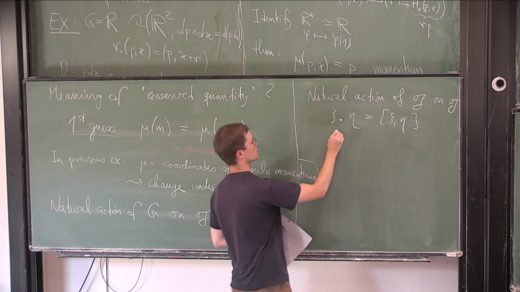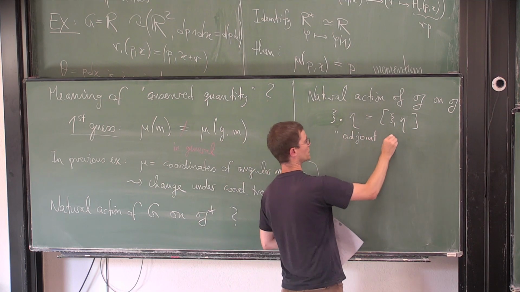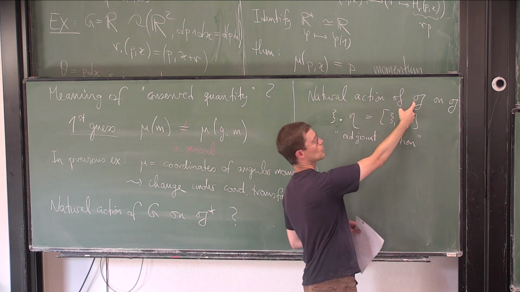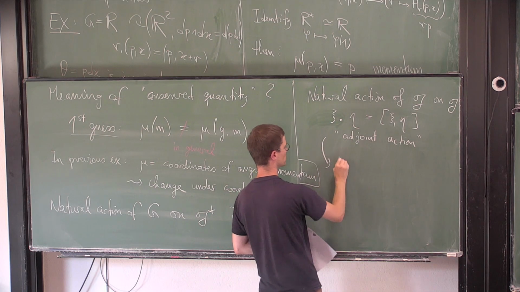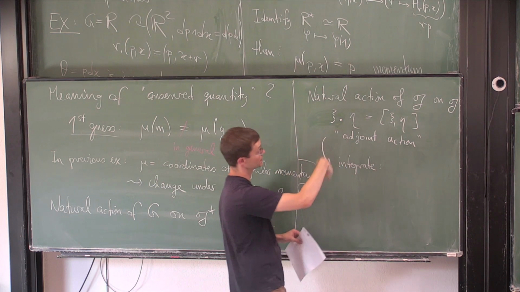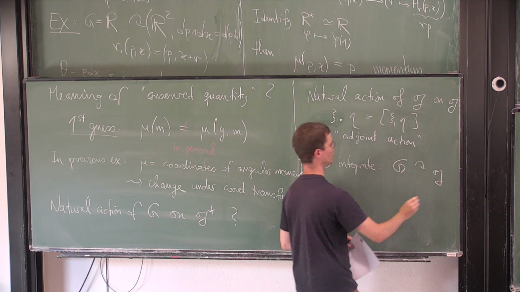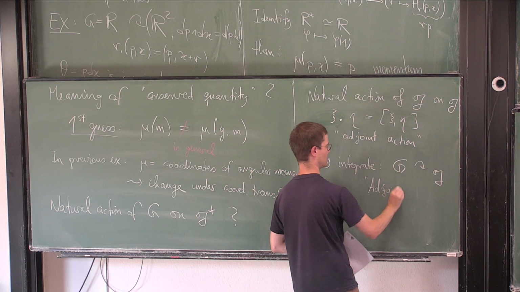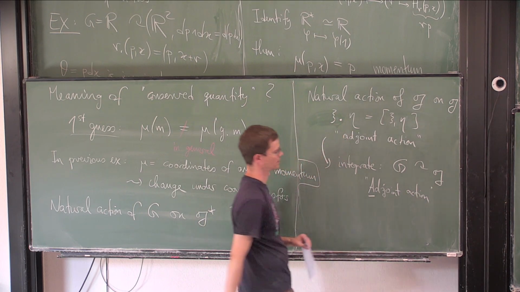This is typically called the small adjoint action, small a because we have a small g, a Lie algebra. If you integrate this, you get an action of the Lie group on the Lie algebra, which is called the adjoint action. Important, there's a capital here.